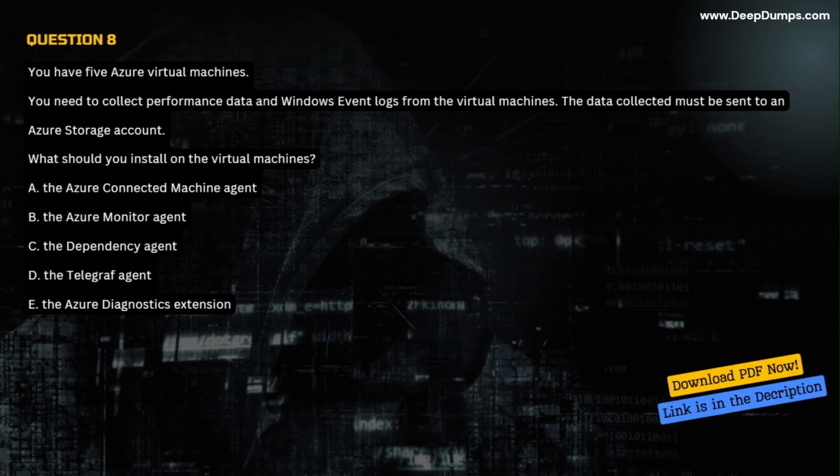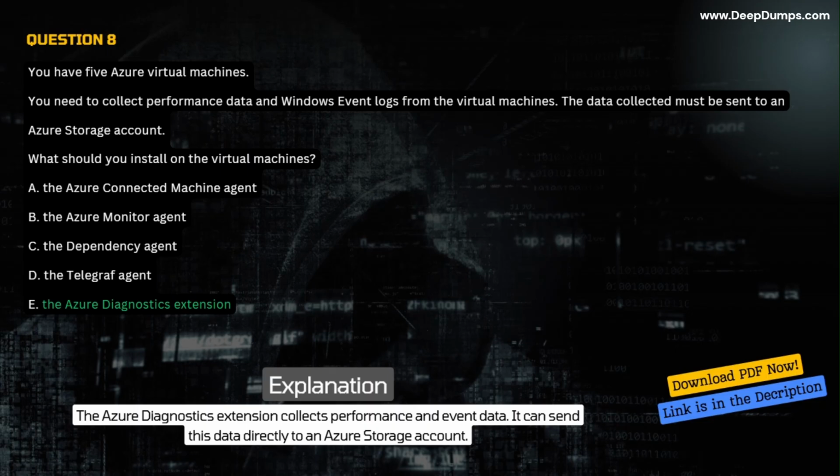C. The Dependency Agent. D. The Telegraf Agent. E. The Azure Diagnostics Extension. Correct answer, E. The Azure Diagnostics Extension. Explanation. The Azure Diagnostics Extension collects performance and event data. It can send this data directly to an Azure storage account.